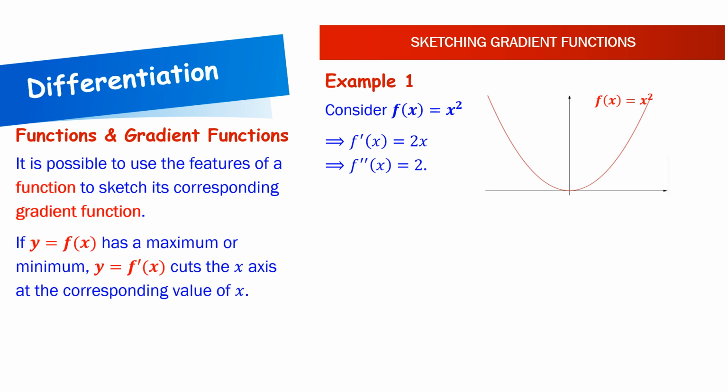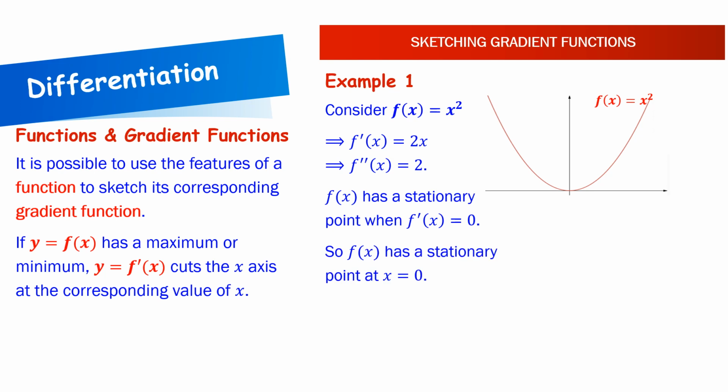Now f dash of x equals 2x and f double dash of x equals 2. We also know that f of x has a stationary point when f dash of x equals 0. Therefore, f of x has a stationary point at x equals 0, here.